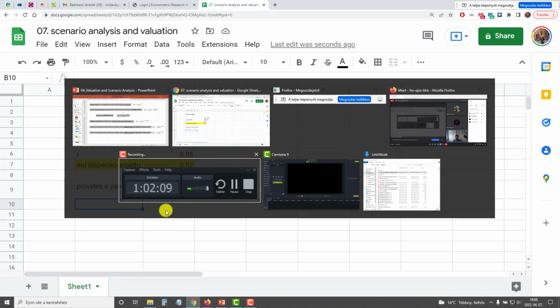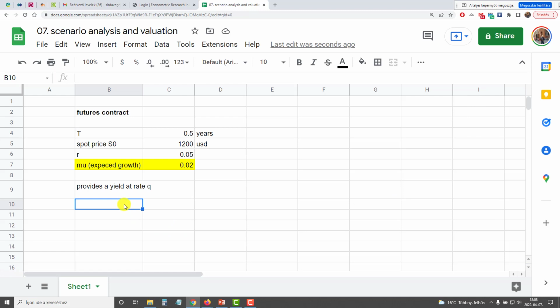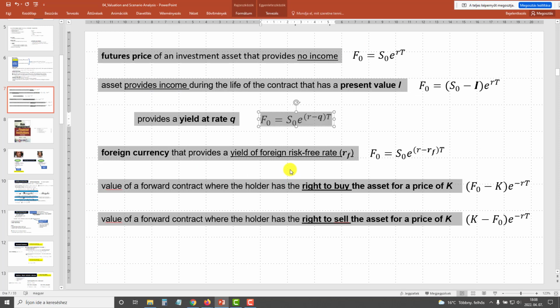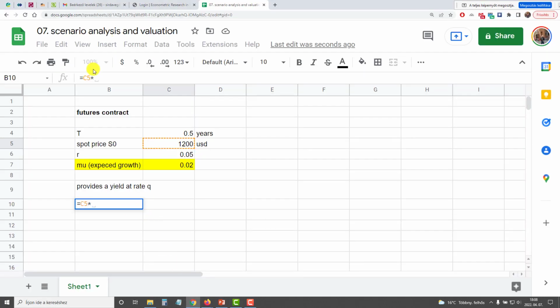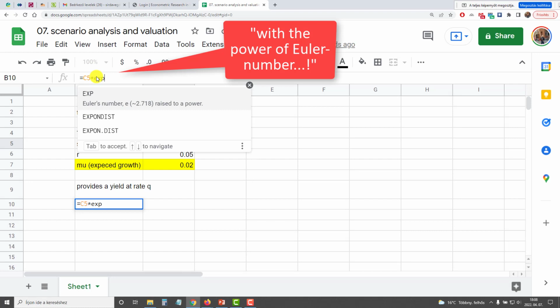And then we can write this thing up. Okay, we have the spot rate, then everything above the Euler number, so we are using the exp function.